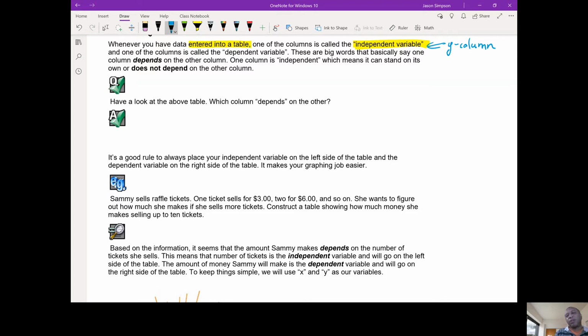So the independent variable is the variable that we use, that we just pick, right? So this one we kind of pick, right? And then we also have the other one, called the dependent variable. This one here we're going to call the x variable, otherwise known as what you would find in the x column.